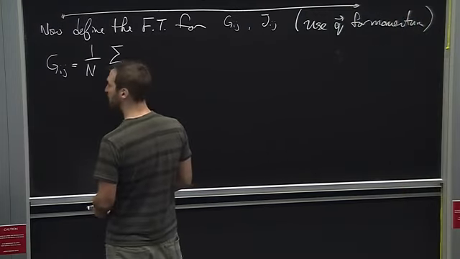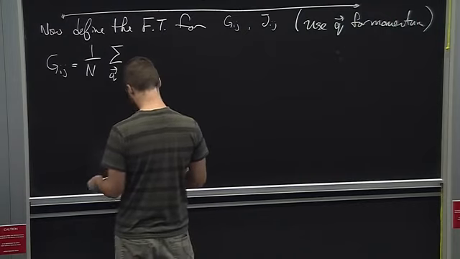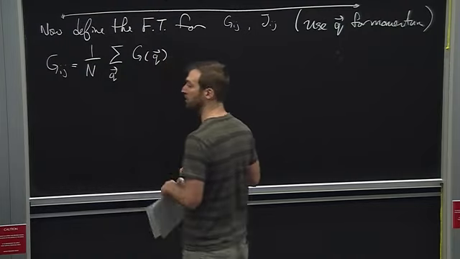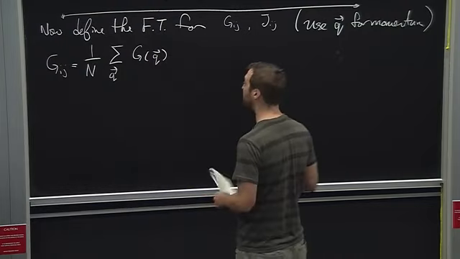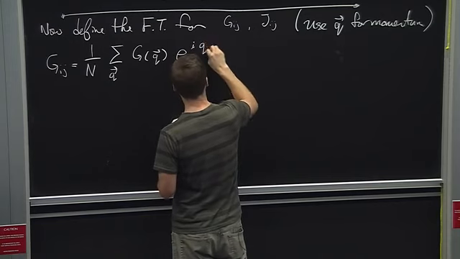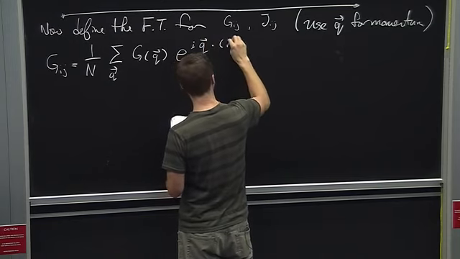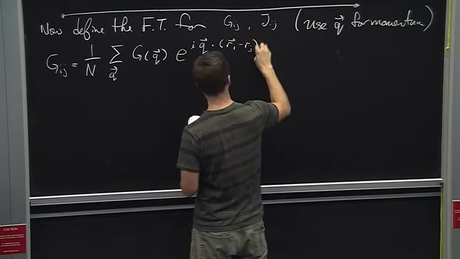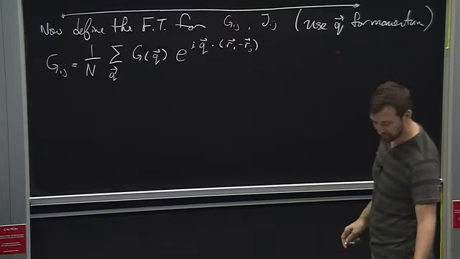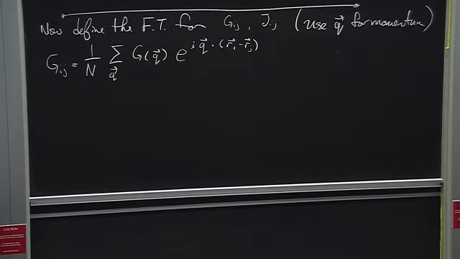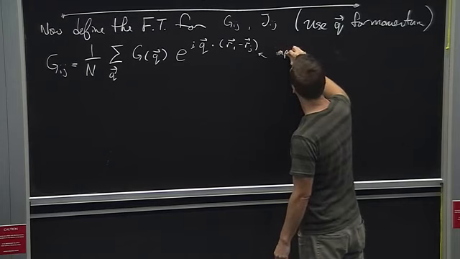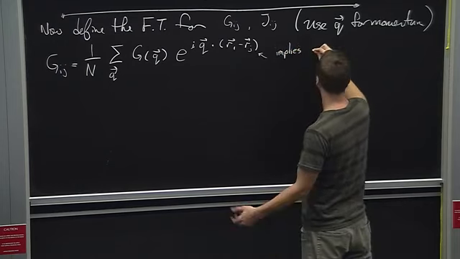So I have a sum over Q, and I'll define that two-point correlation function in momentum space as G of Q, and I'm going to write it like this, with Ri minus Rj. When I write it like that, I've explicitly used translational invariance.